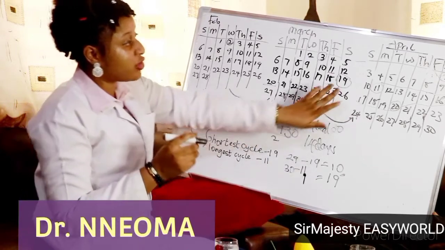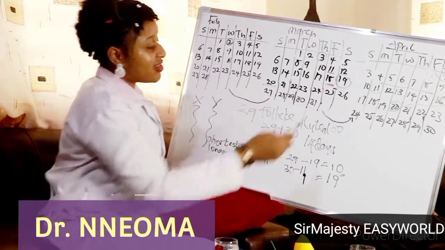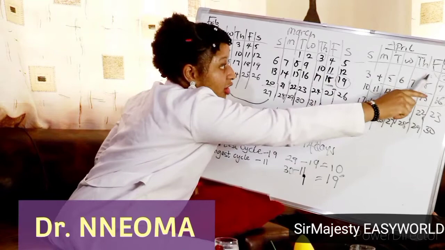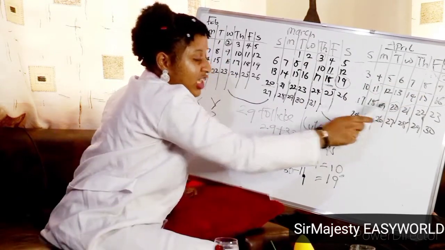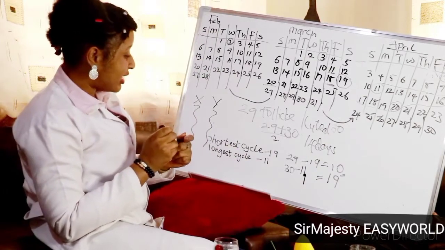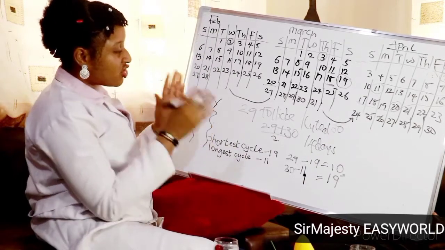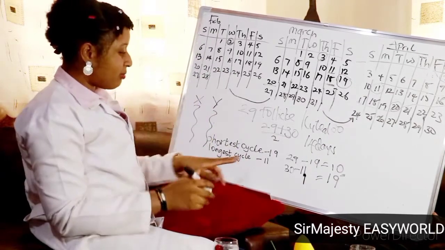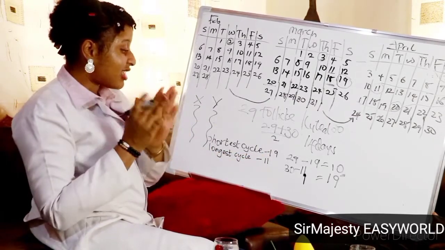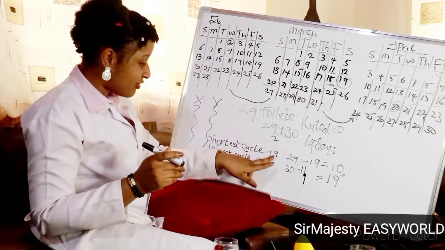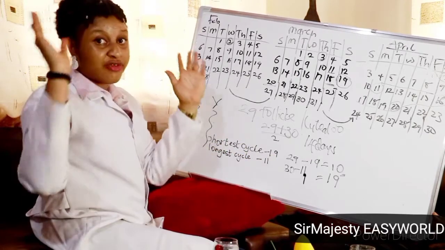So that means for the month of April, you can have sex on any day of the month apart from the 11th to the 20th. And we understood how we calculated this safe period. You subtract 19 from the shortest cycle you've ever gotten, and you subtract 11 from the longest cycle you've ever gotten.